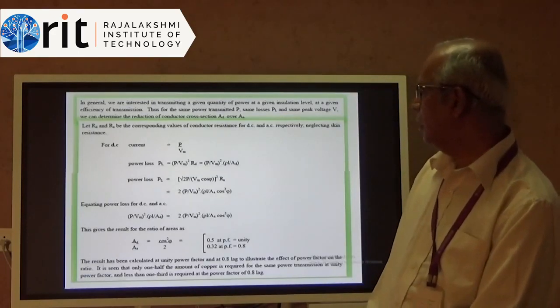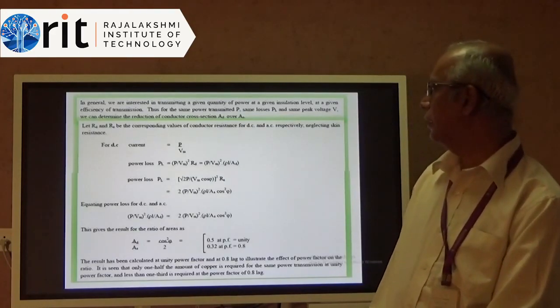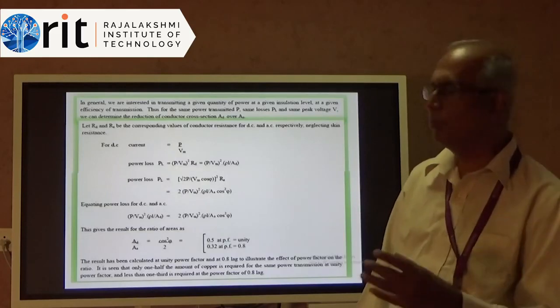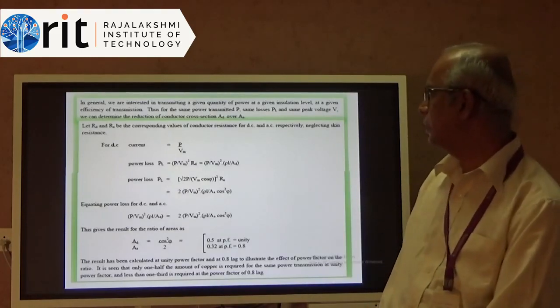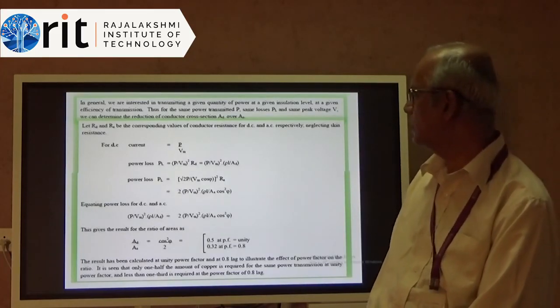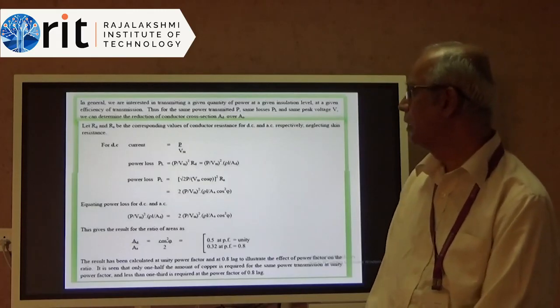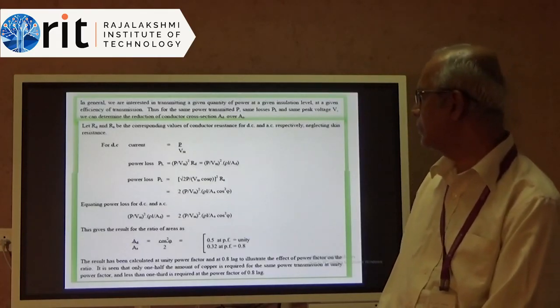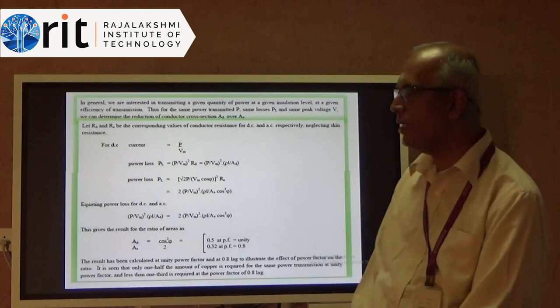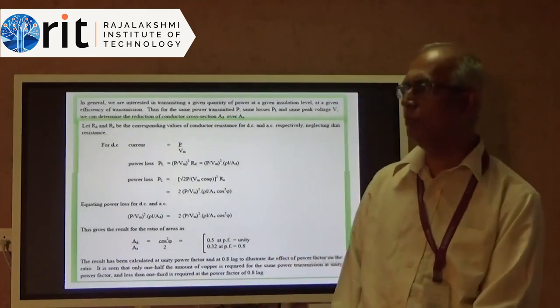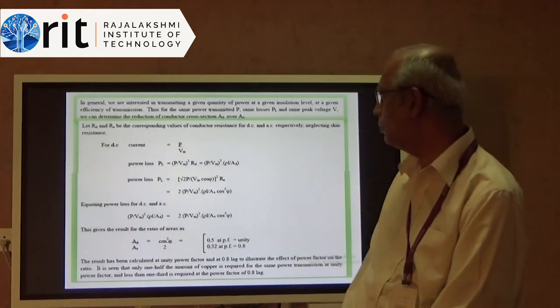So we say that RD is the resistance of the conductor for DC. Obviously this is going to be a smaller conductor now. RA is the resistance of the conductor for AC transmission. For DC transmission, we say for the same amount of power, P divided by Vm, right? Because Vm is going to be equivalent to your corresponding DC value, right?